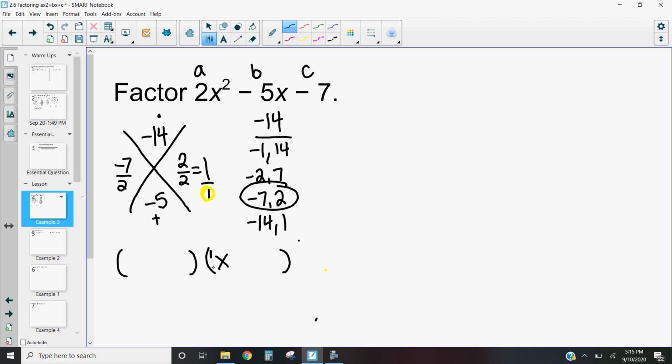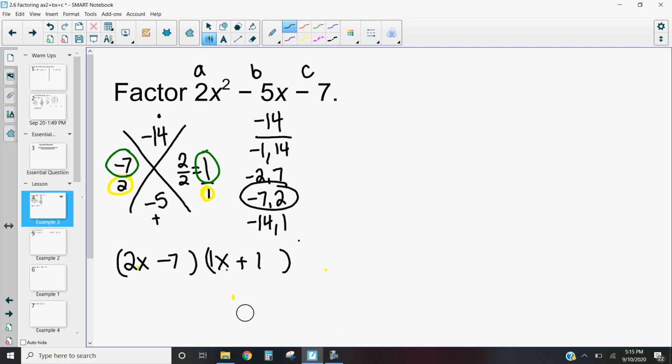In this first case, I have 1 times x plus whatever number is on top, so I have a plus 1. In this other case, we multiply x by whatever's on the bottom, so I have a 2x, and then this -7 is what I'm going to add, minus 7.